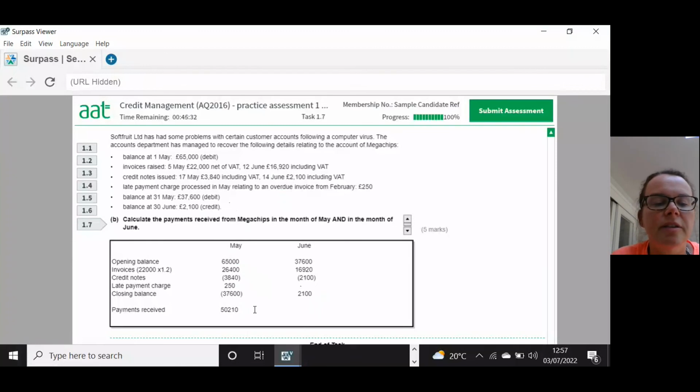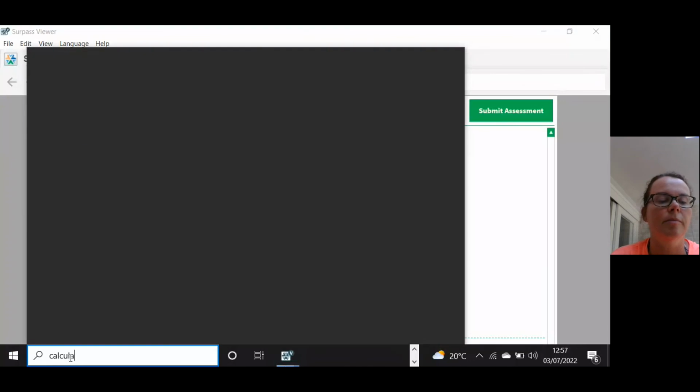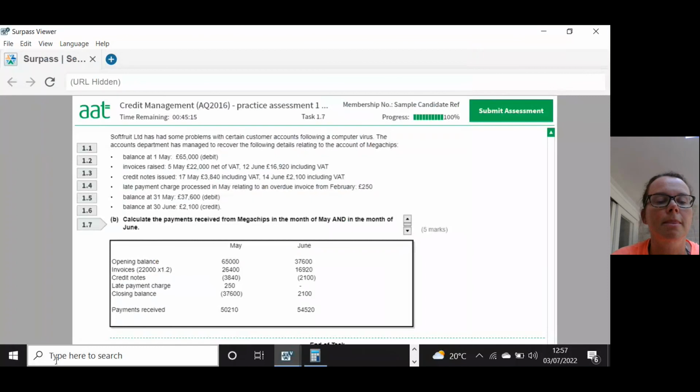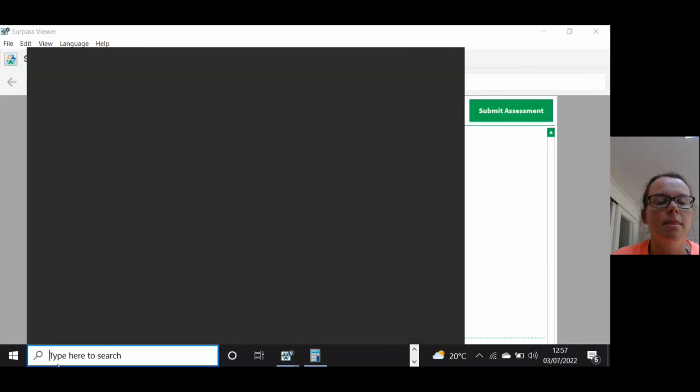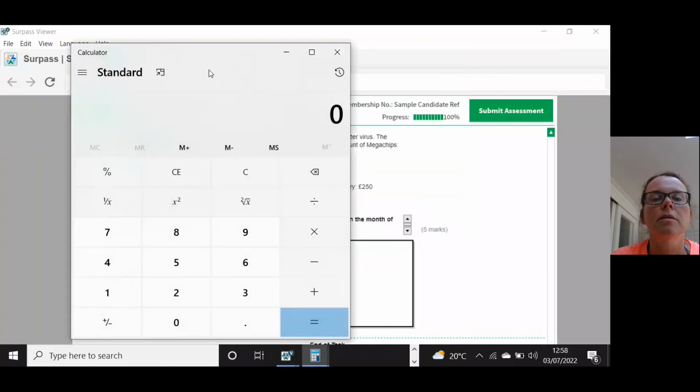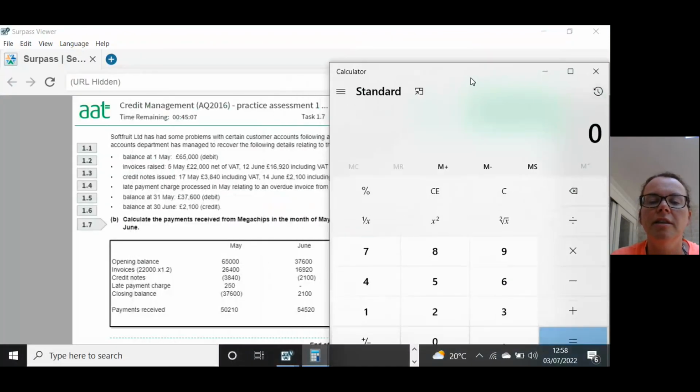which gives us the payments received for June must be 54,520. Let's use the calculator here, hang on. Let's make sure I've got this right. Right, so let's just check the maths here.